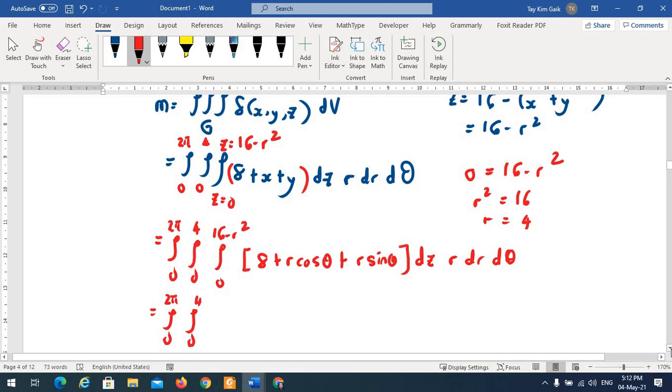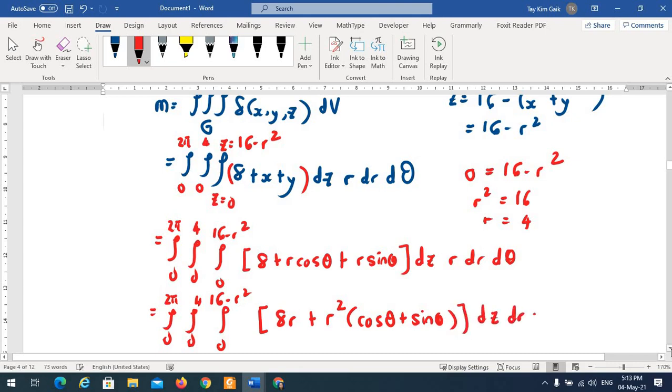Better to expand first, otherwise you forget about this r. So in total you have 8r plus, I can factor out r squared, cos theta plus sin theta, dz dr d theta. This is r times r squared, so I factor out r squared.